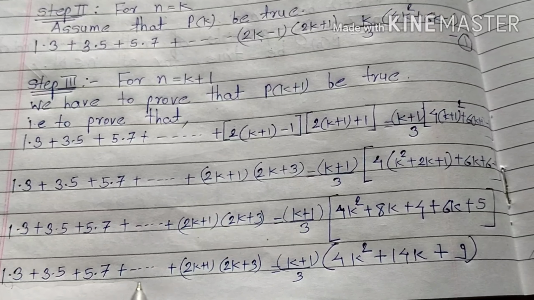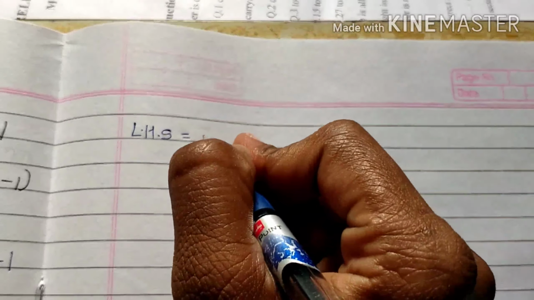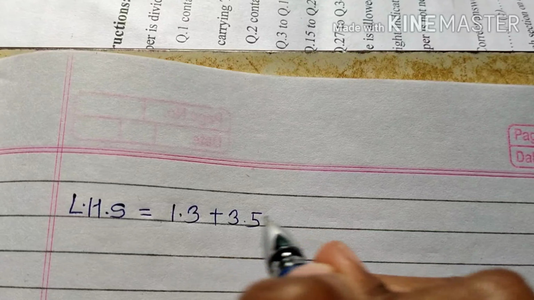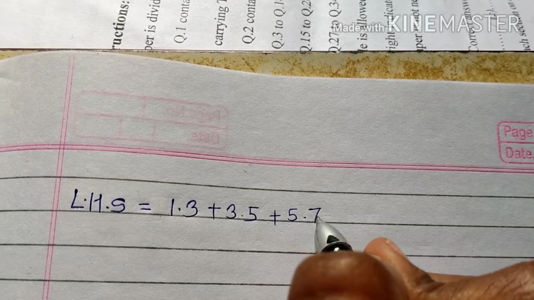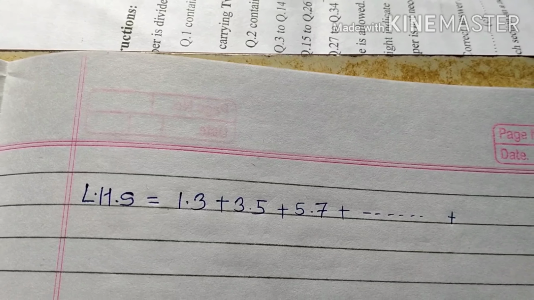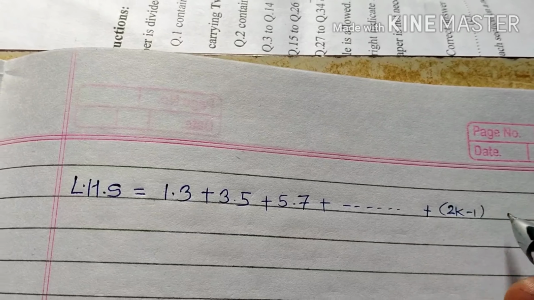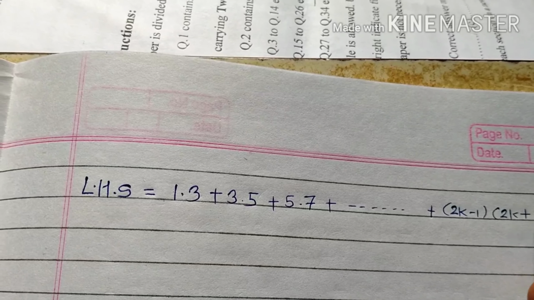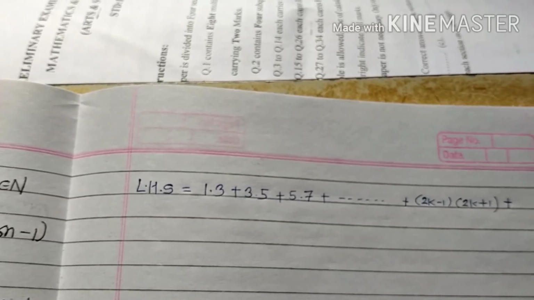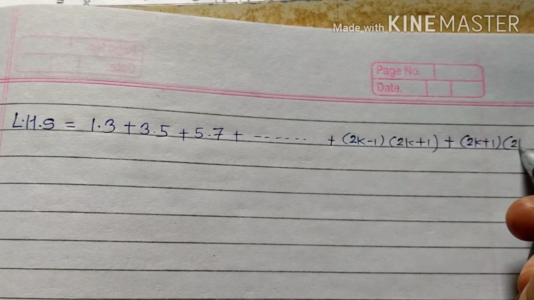So we take this LHS, it is 1.3 plus 5.7 plus... Now we take some extra terms here, 2k minus 1, 2k plus 1, and the last term is 2k plus 1, 2k plus 3.